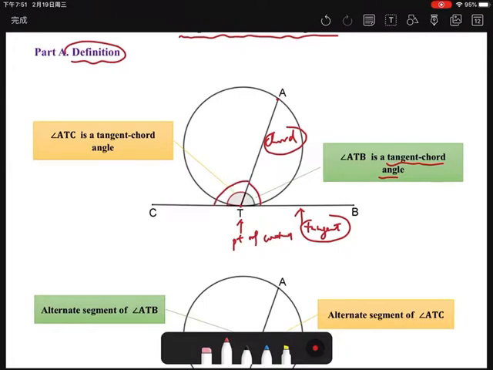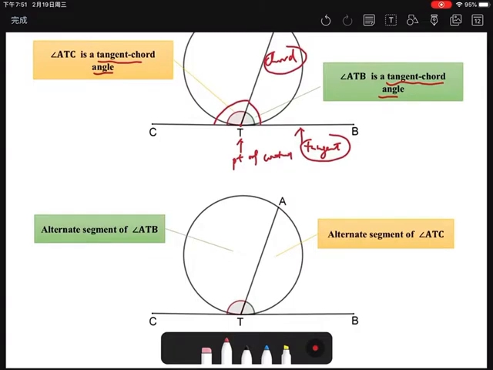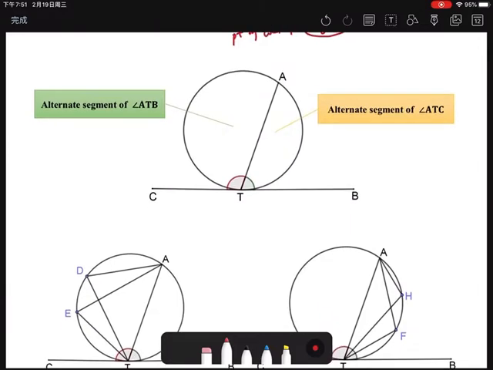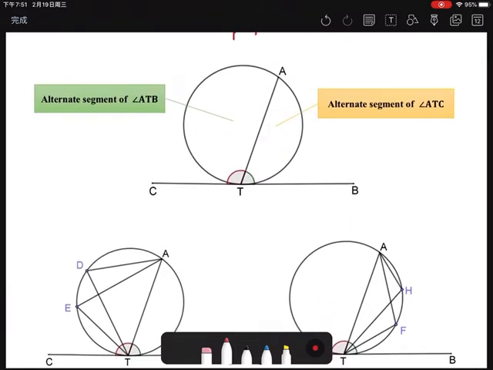Similarly, angle ATC is also a tangent chord angle. So this is the first concept you should know: a tangent and a chord form an angle, so it is called a tangent chord angle.